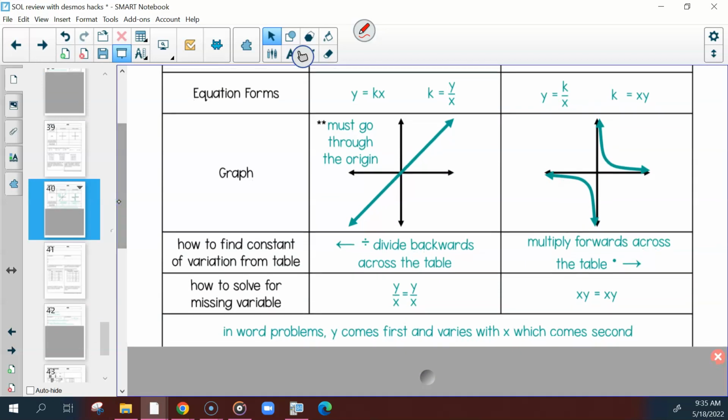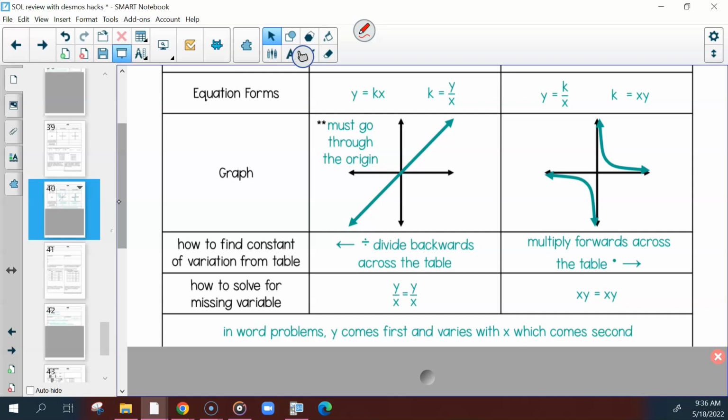Okay, next page. I'm going to read all of one column and then the next. For direct variation, that's the one on the left. Your equation forms are y equals kx and k equals y over x. For the graph, it is a line that must go through the origin, or (0, 0).